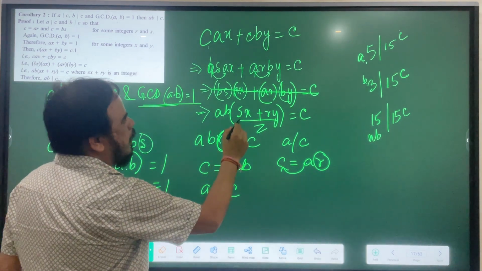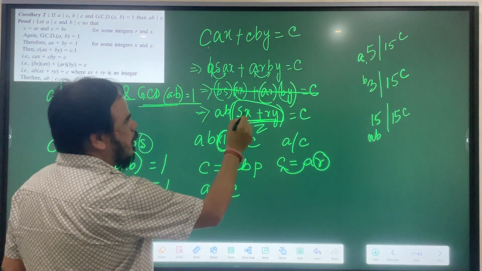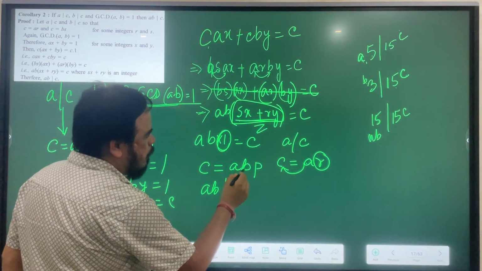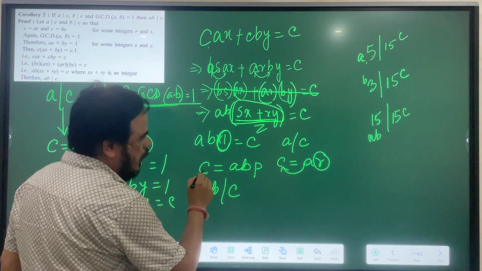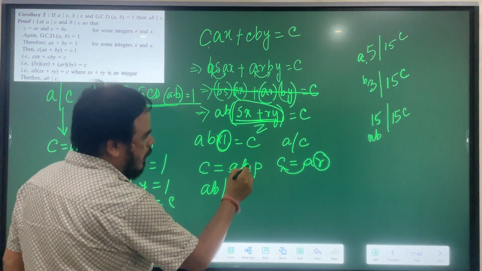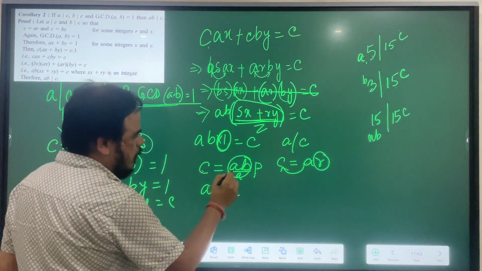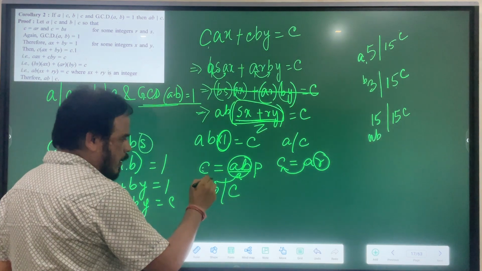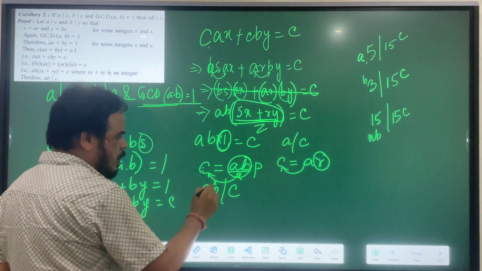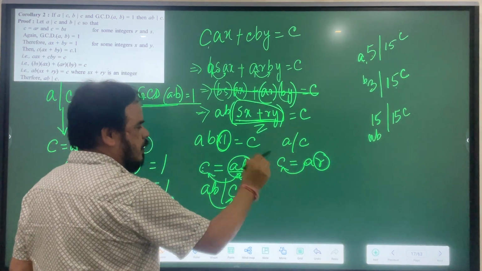Okay, ab into this one, just think of it as p. Suppose p: ab p equals c. This one is ab, this one is p. This one just think of as a. A into p equals c. So a divides c. This one divides c. A means ab. So it divides c. This divides this.